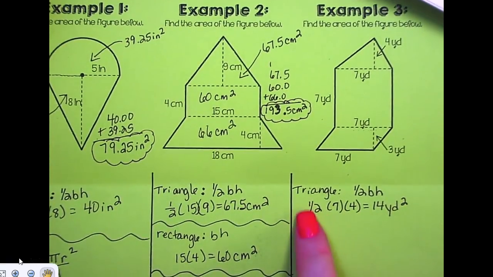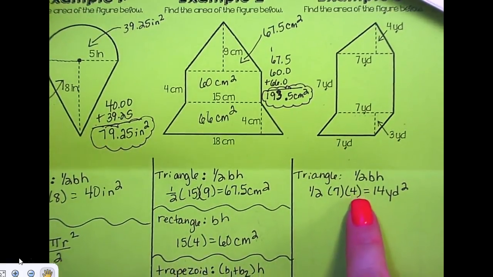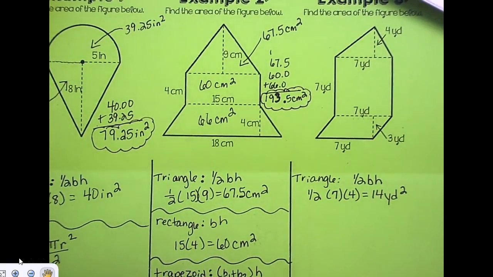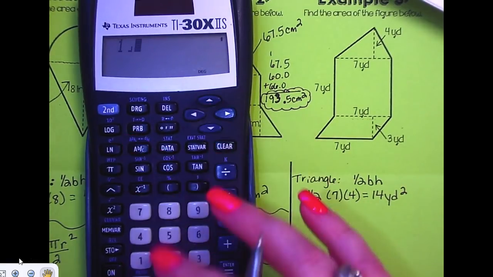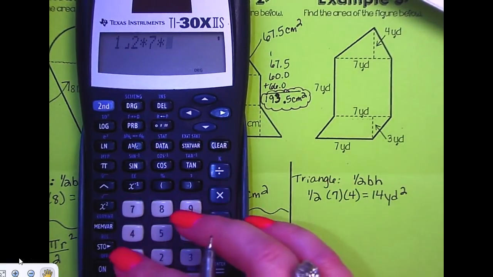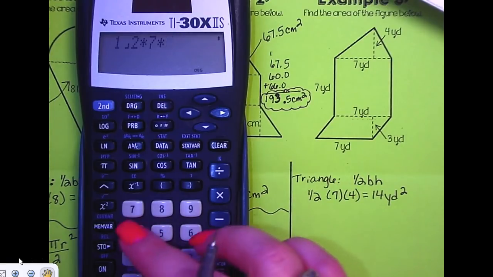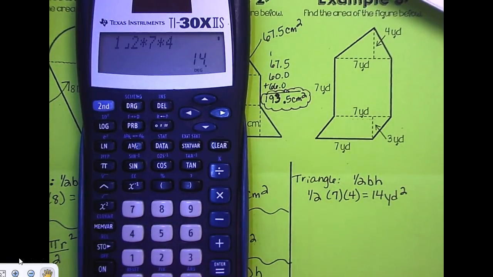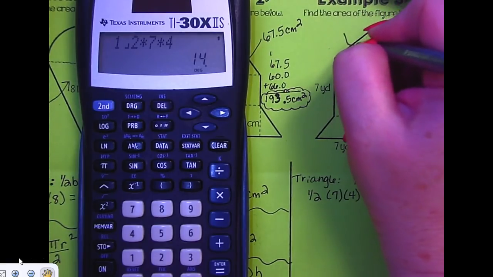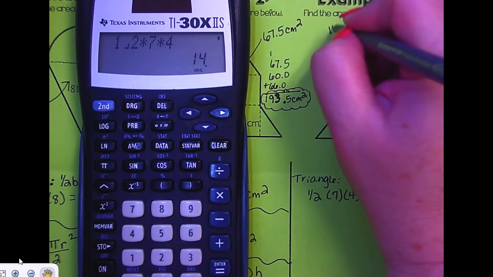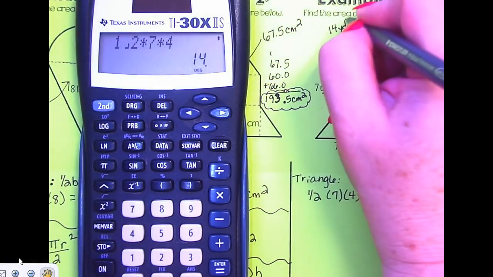Can you put that in your calculator just like that? You could. 1/2 times 7 times 4, and you get 14. So the area of this is 14 yards squared.